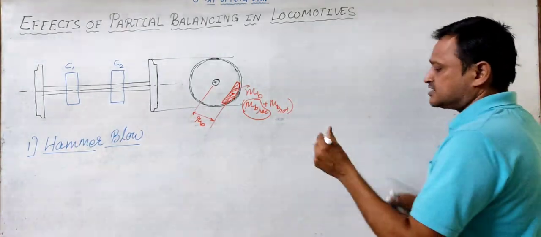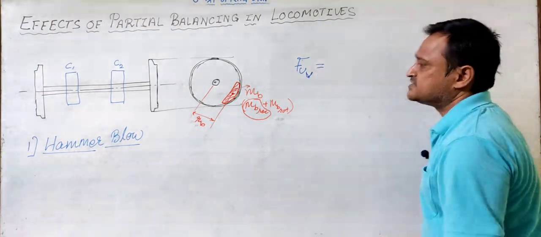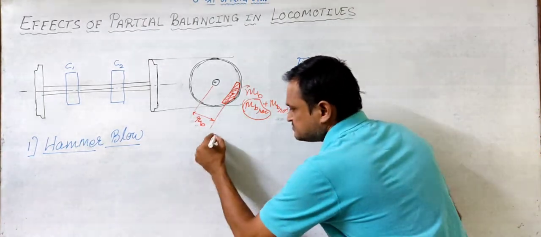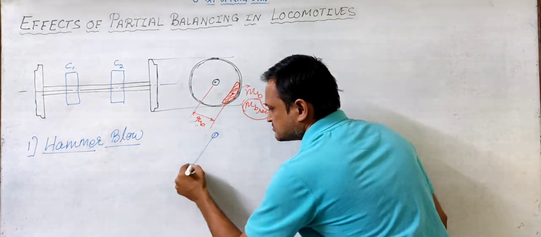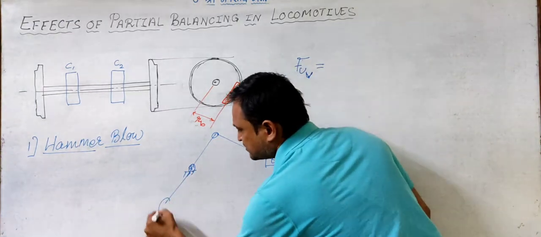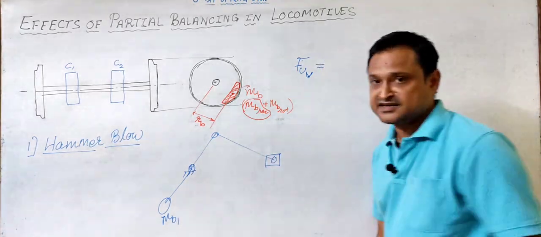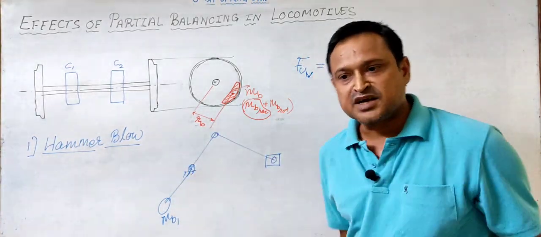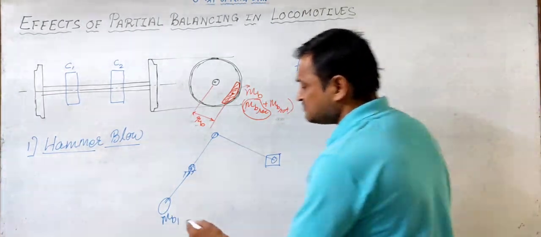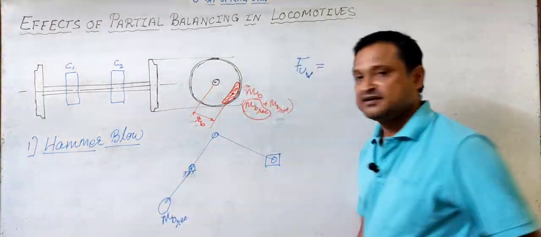So what is the unbalance in the vertical direction? This is how we have understood. This is the balancing mass 1, which is taking care of the reciprocating unbalance. The rotating unbalance is completely cancelled out. So this MB1, instead of MB1, I'll write as MB reciprocating.